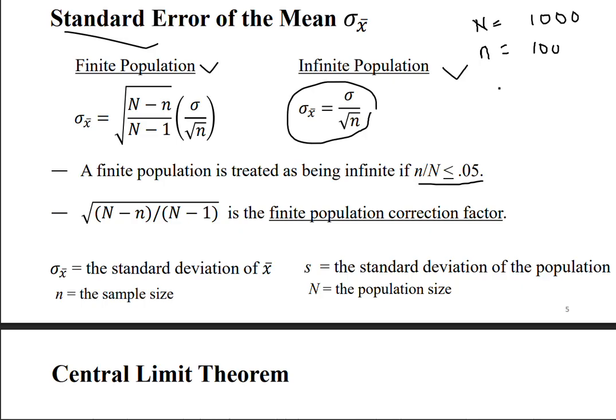Now, the big question is this a finite or an infinite population? To determine whether the population is considered to be finite, we use this formula here. The formula says divide your sample size, and so my sample size is 100 by your population size. My population size is 1,000.